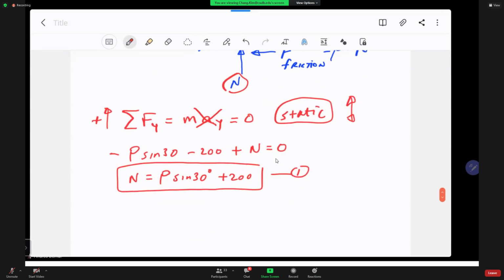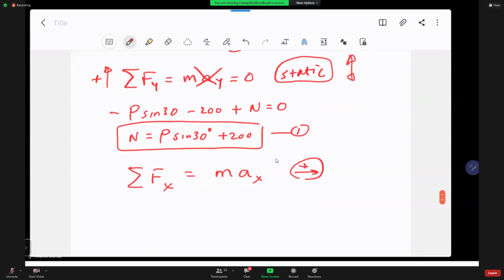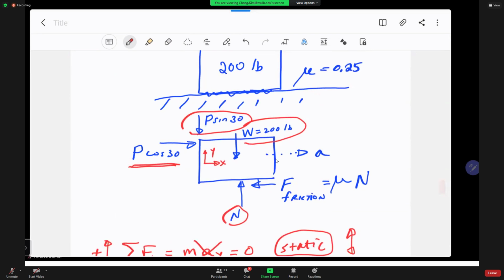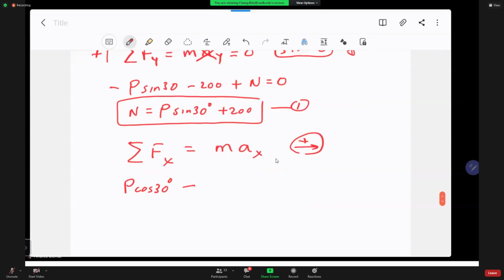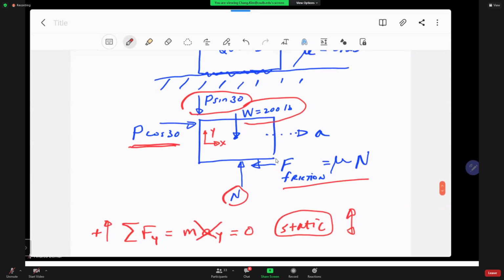Now I'm going to take F equal to MA in the x direction. The force is positive to the right. So here they are: P cosine 30, and then there are no other forces in here except minus mu times N, and no other horizontal forces are available.